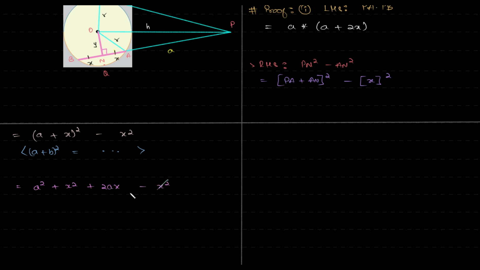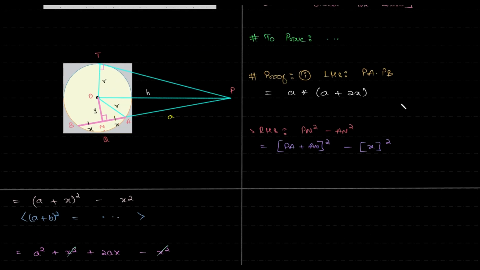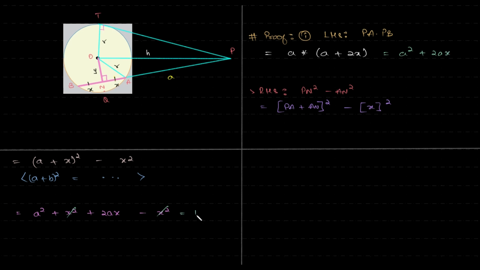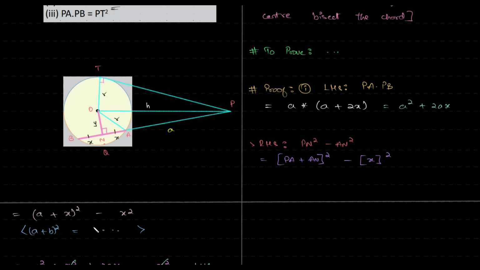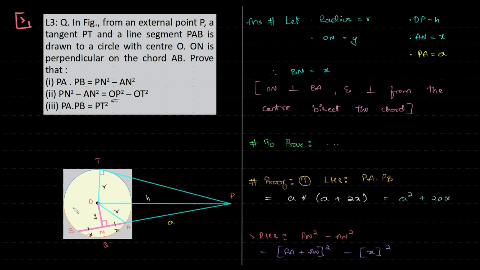And here we have X square that is common, and we are left with A square plus 2AX. What about this? This is also A square plus 2AX. So this is equal to our LHS. So the first part is pretty simple, is it not? We don't have to think much. Just go with the diagram and done. So most of the question can be done this way.